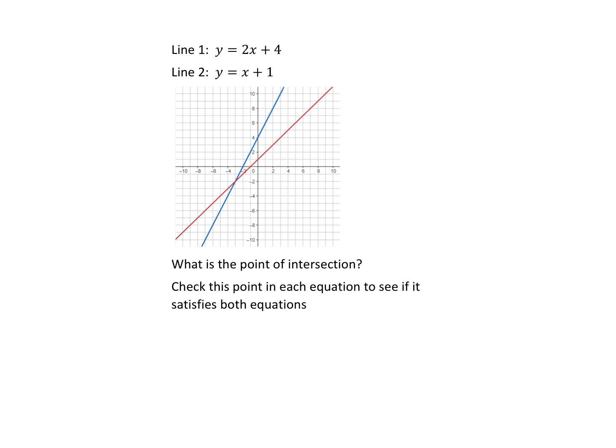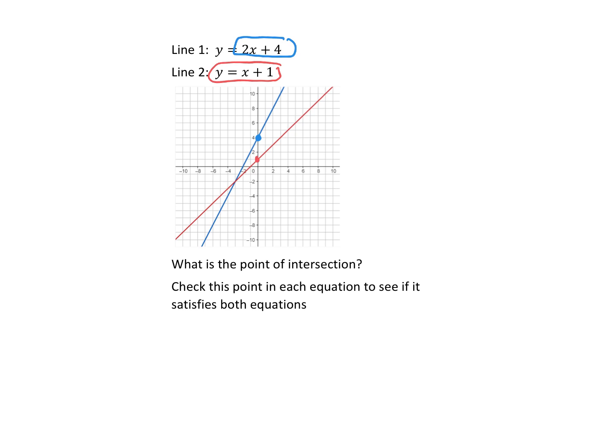So we can do this graphically. We might have a picture of 2 lines. Here we have line 1, which is y = 2x + 4. That would be the blue line. How do I know it's the blue line? Well, 2x + 4 has an initial value of 4. And then the red line is y = x + 1, which has an initial value of 1.